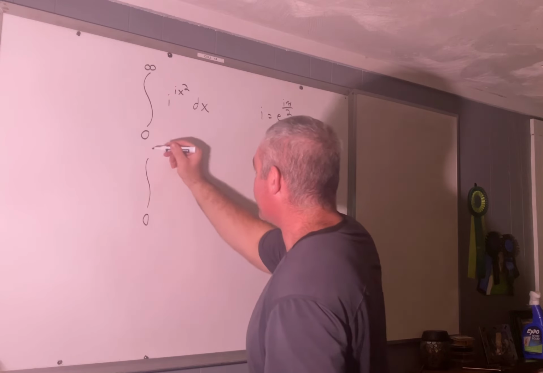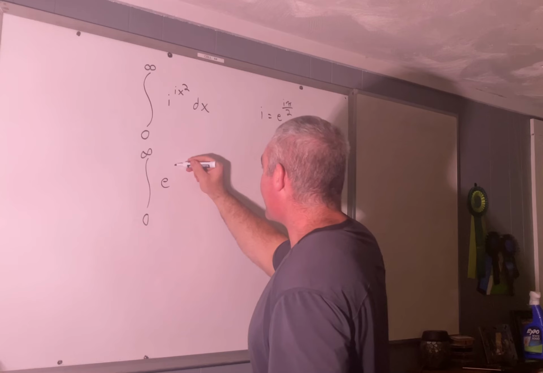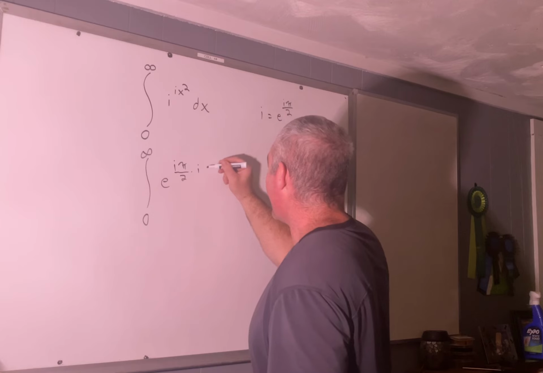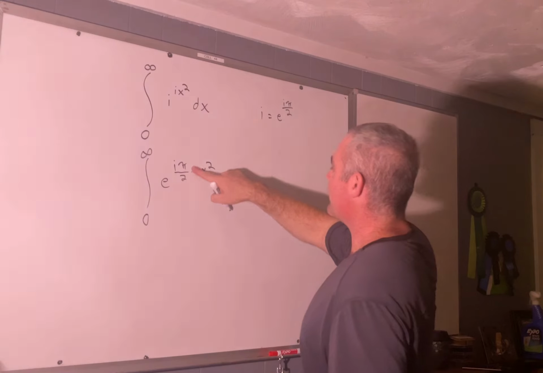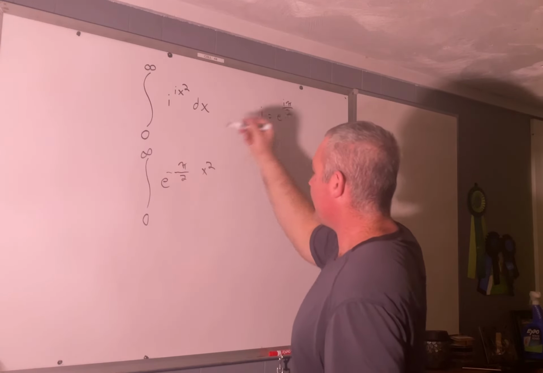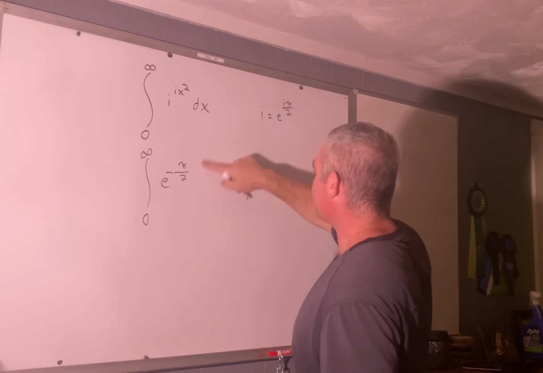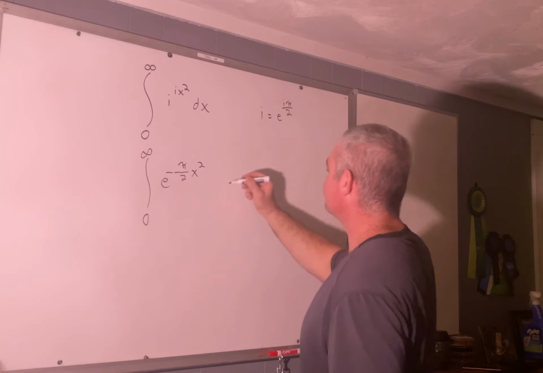So we'll have the integral from 0 to infinity of e to the i pi over 2 times i x squared. Of course, the i and the i will multiply together to produce a negative sign. And then we'll have minus pi over 2 x squared dx.